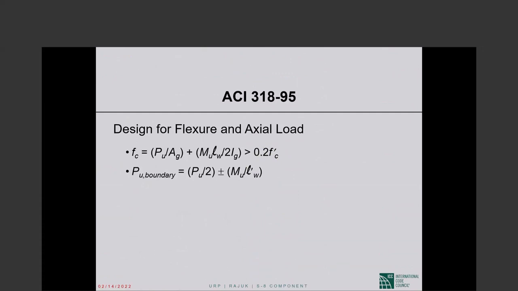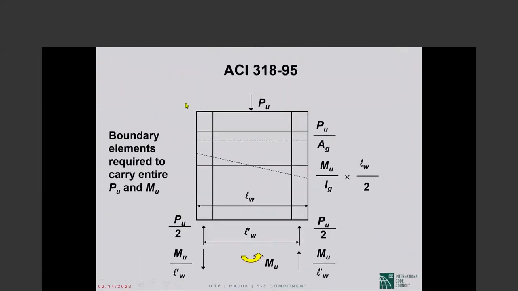So now we have to design the two boundary elements, the two columns at the ends, to carry the entire P sub u and the entire M sub u. So each of these boundary elements has to be designed to carry a compression equal to 1/2 of P sub u plus the overturning moment divided by the distance between the central lines of the boundary elements.